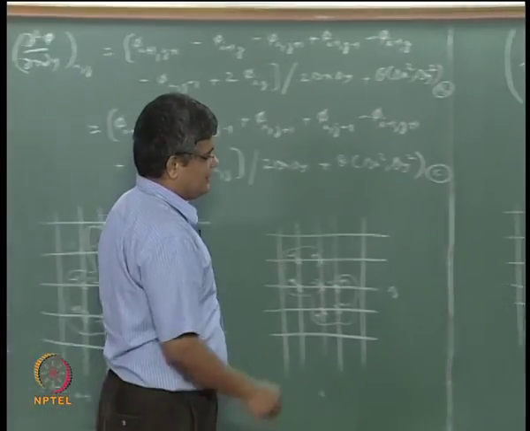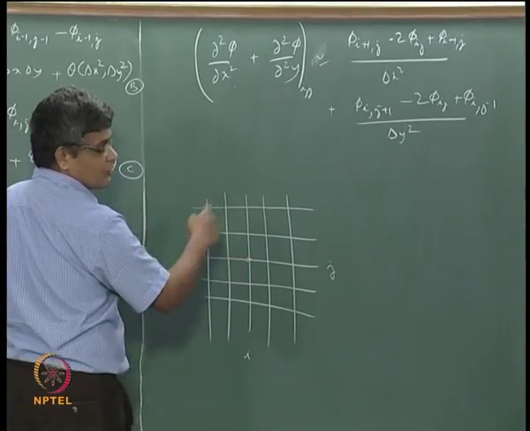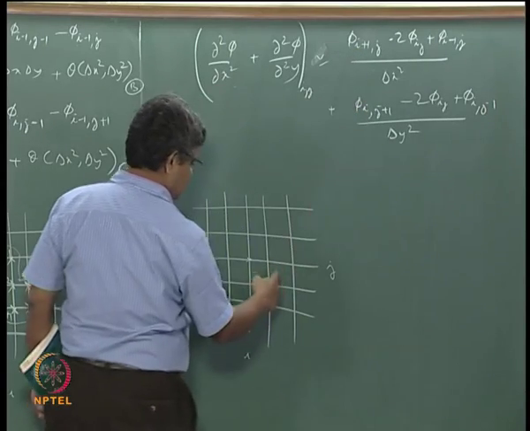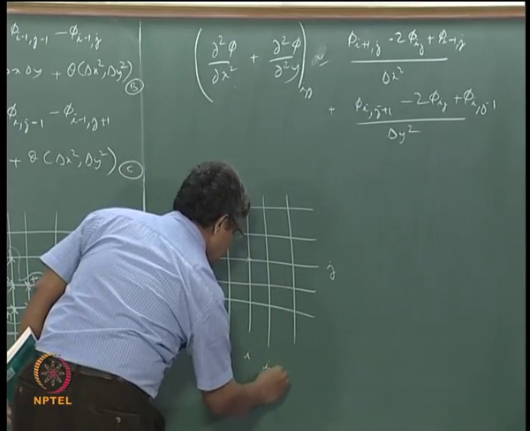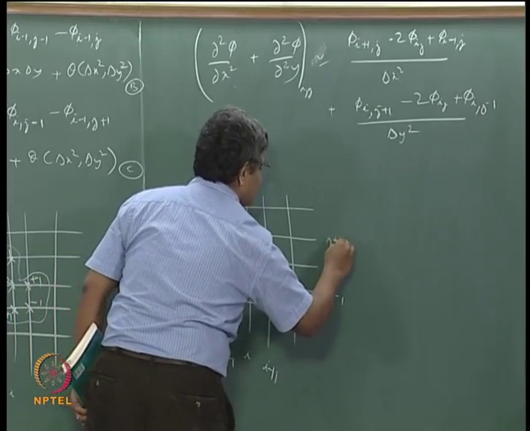So in this particular case, if you look at the center point here, the computational molecule for this, you have plus 1, that is, okay, let us put this i plus 1, i minus 1, j minus 1 and j plus 1.